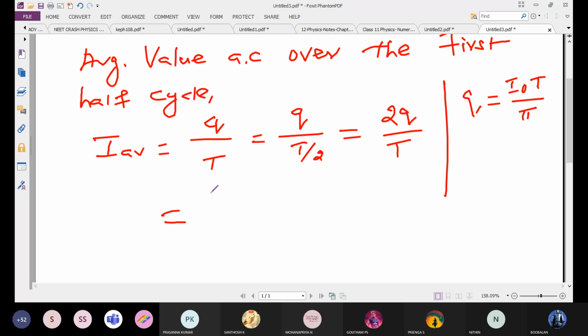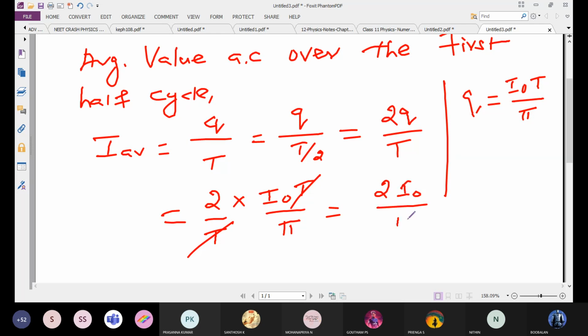Two into I naught capital T divided by pi and T also. So now we can cancel T. Remainder value 2 I naught divided by pi.